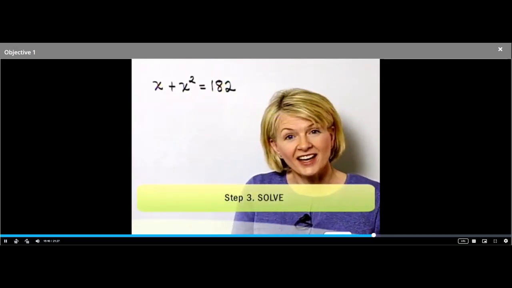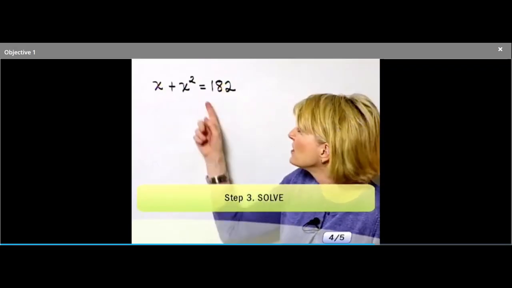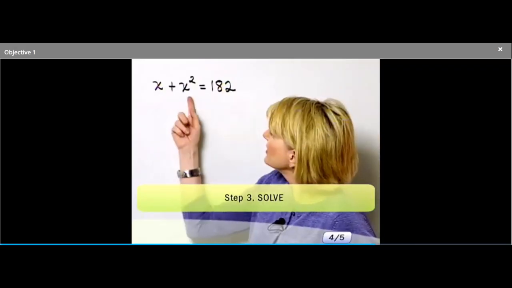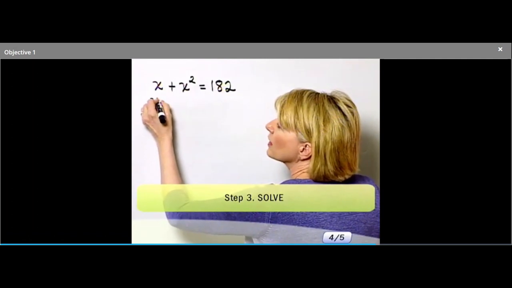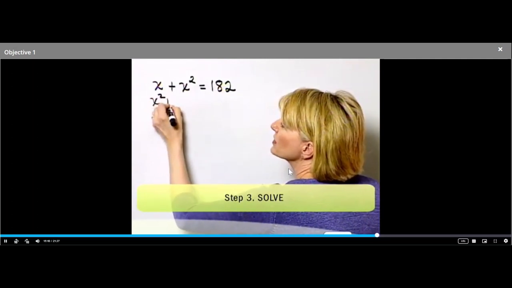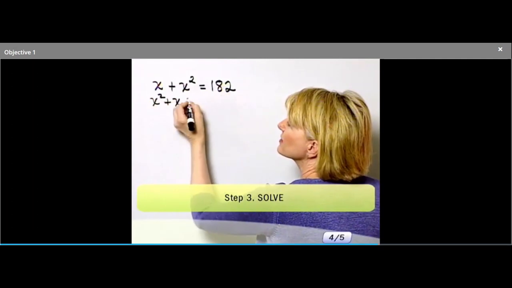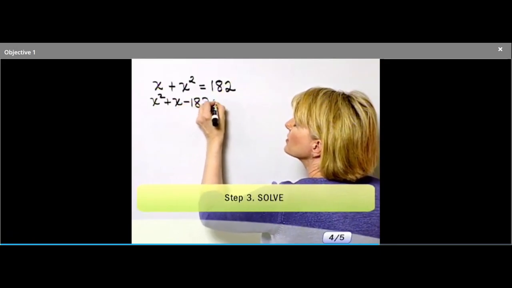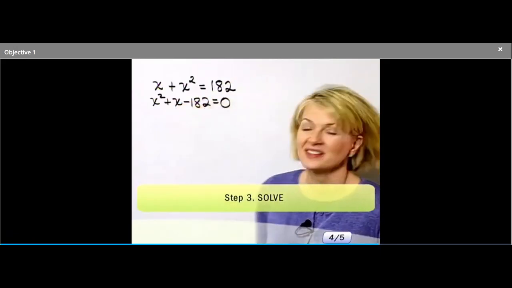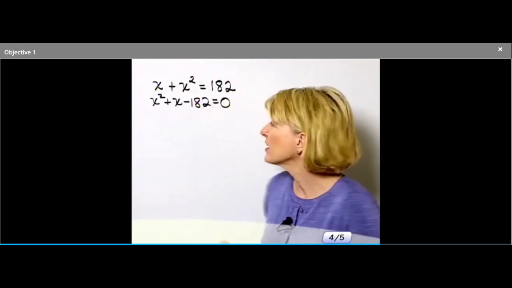To solve this application, we first solve this equation. It is a quadratic equation. I'll write the x squared first, then plus x. I'll subtract 182, set it equal to 0, and now let's factor.